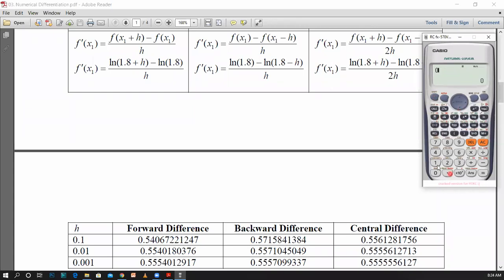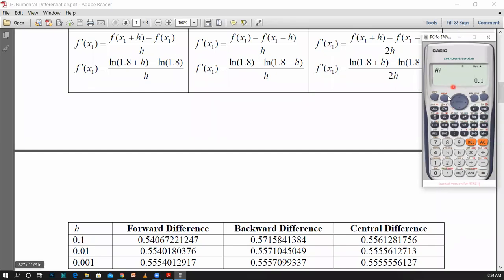Therefore, once you substitute h equals 0.1, you can see that it is the same as the answer that we have obtained here. Now we can see that for h equals 0.1, you have the value as 0.505406722147, and it is for the value of h equals 0.1.